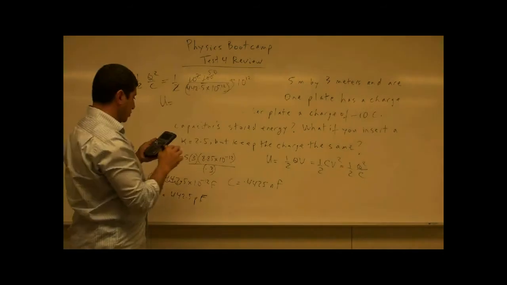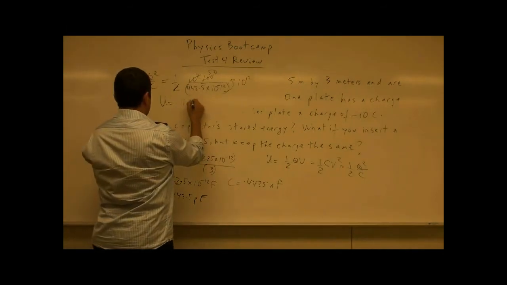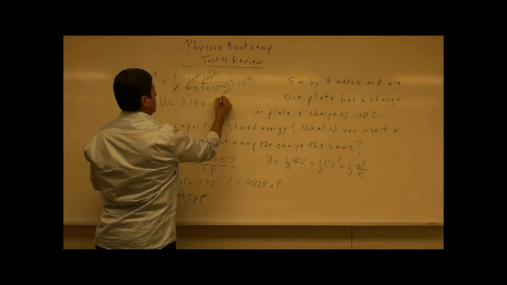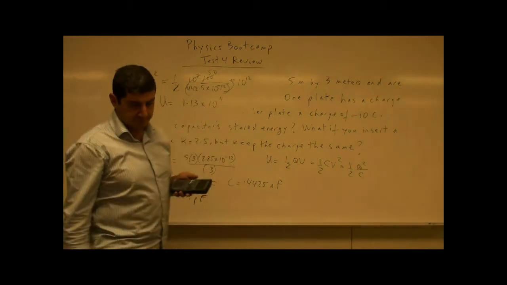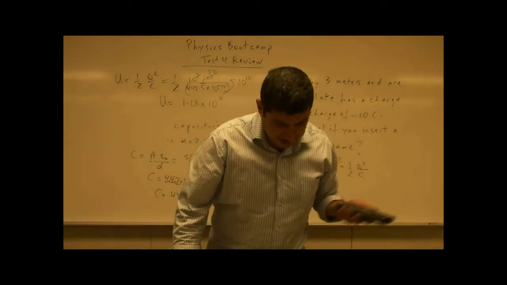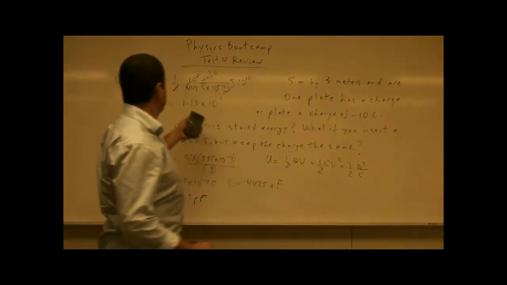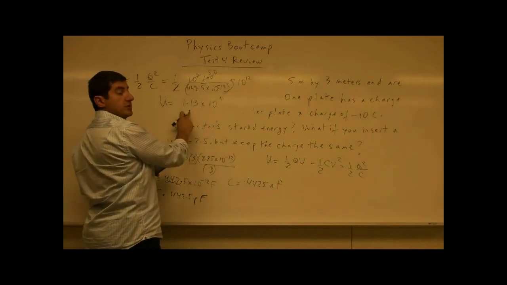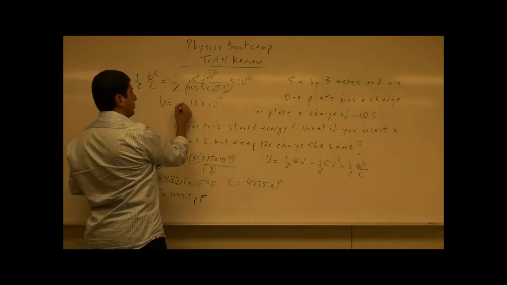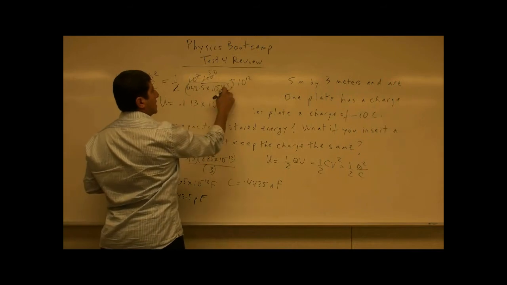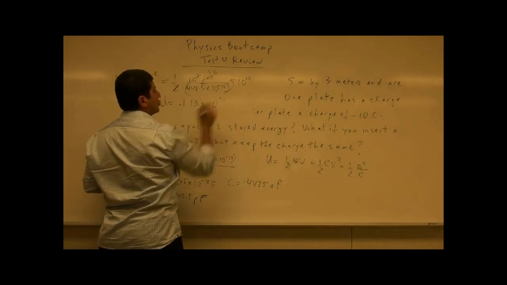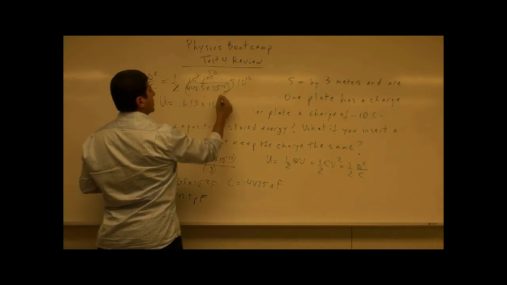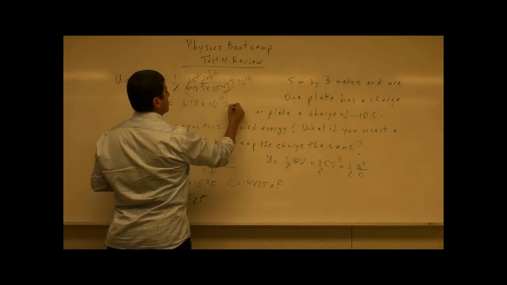So 50, so it becomes 1.13 times 10 to the power 11. Okay, and that is the answer, 1.13 times 10 to the 11, because 50 divided by 442 was 0.113, the 10 to the negative 12 went on top and became 10 to the 12, and if you go 1 to the right, you can make this 10 to the 11th joules.